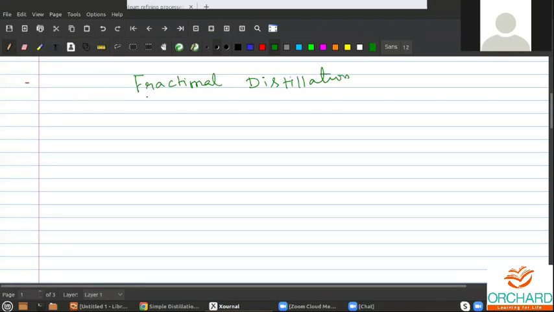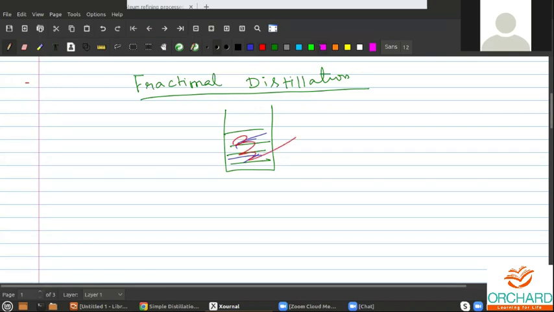Fractional distillation is utilized when a mixture has many constituents. If those constituents have boiling points close to each other, then you can adopt fractional distillation.